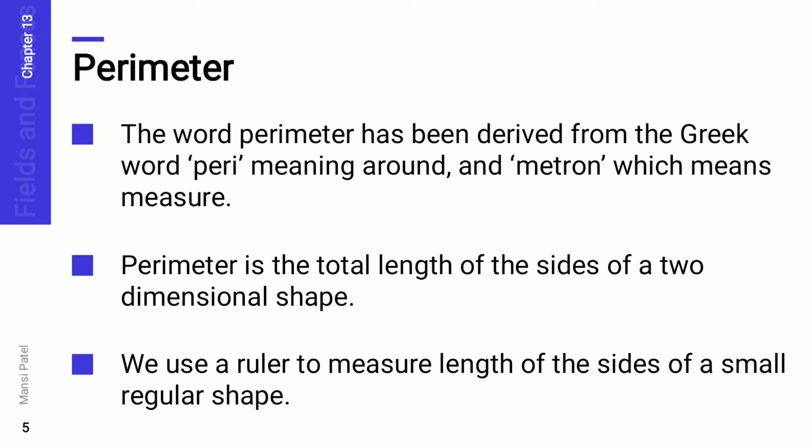Now in the perimeter, the same thing applies: if any shape is given to you, then you can use a ruler. With the help of the ruler, you can measure things, but that thing should be small in size and it should be a regular shape. Regular shape means either a square, rectangle, triangle, pentagon, or hexagon.